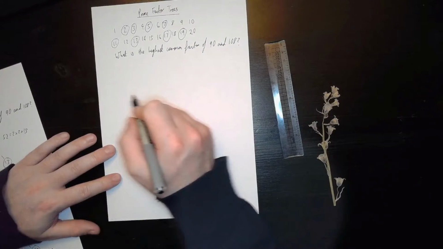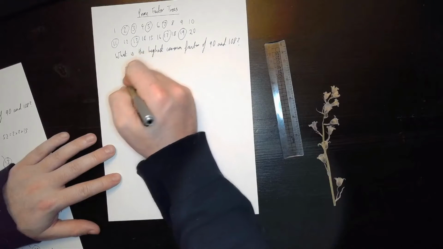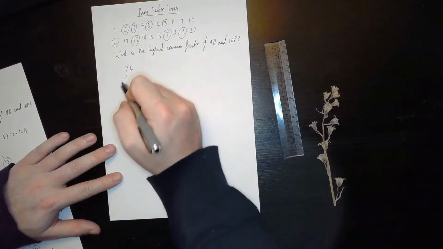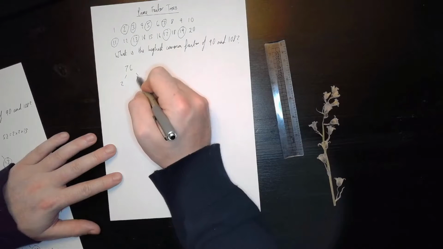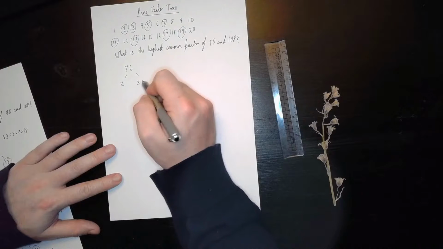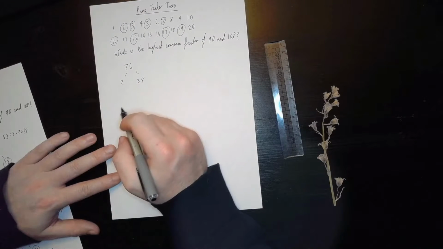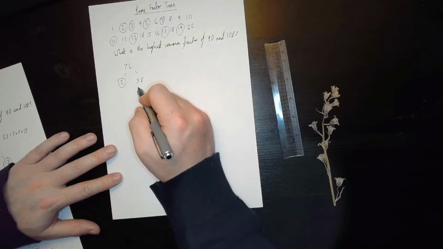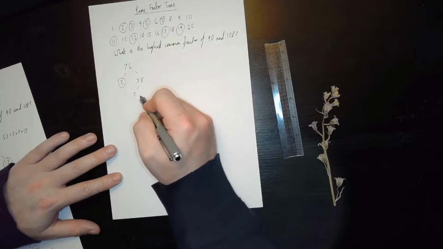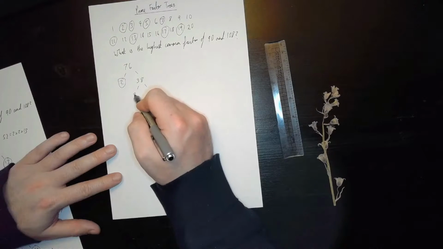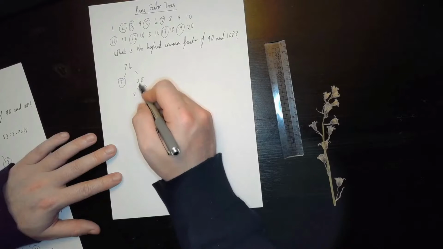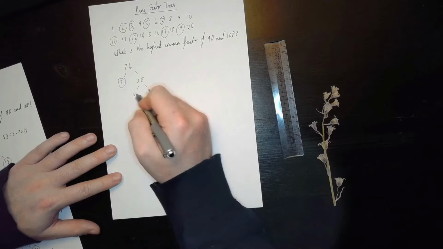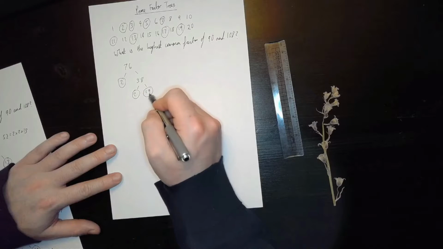Okay, so let's start with 76. So I prepared this earlier. 76 is 2 times 38. 2 is a prime, so we circle 2. 38 is not prime yet, so we see if we can get another factor in. So 2 goes into 38 again, 19 times. 19 is a prime.